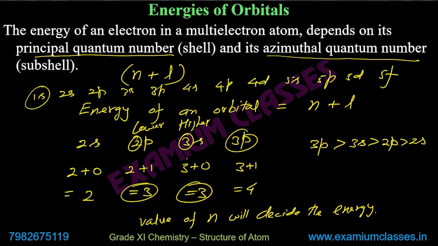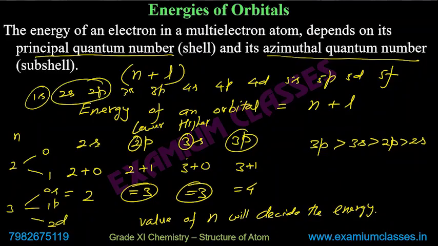In the second shell, there will be p also. I hope you remember that. If n is 2, we will have s and p both. If n is 3, we will have 0, 1, 2 values, meaning s, p, d. So in 2, you have only s and p. In 3, you will have s, p, d also, 3d. In 4, you have 4f also, for example.